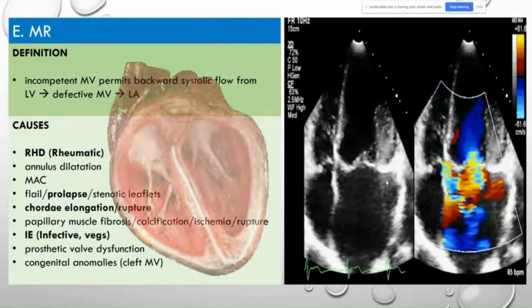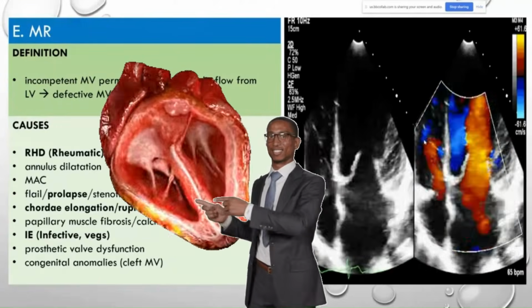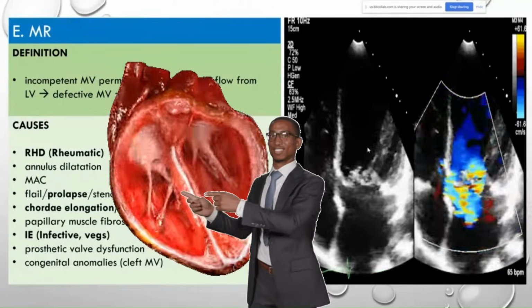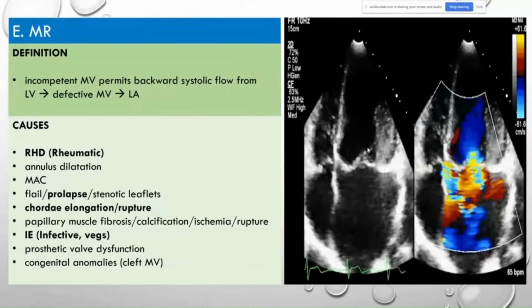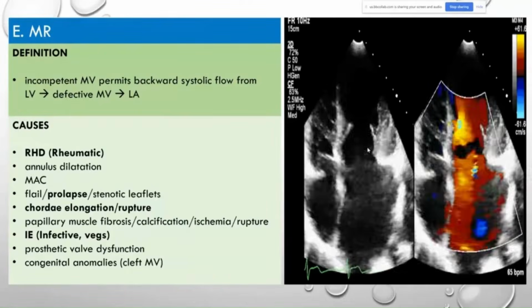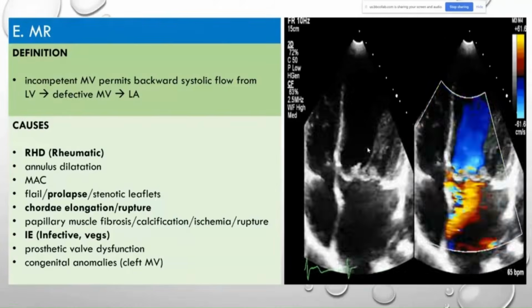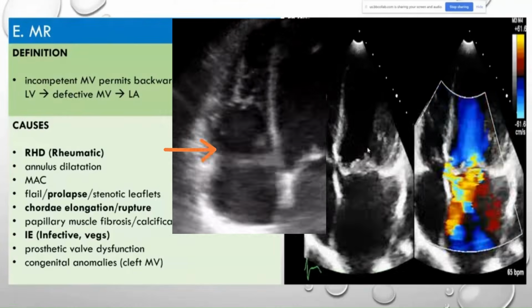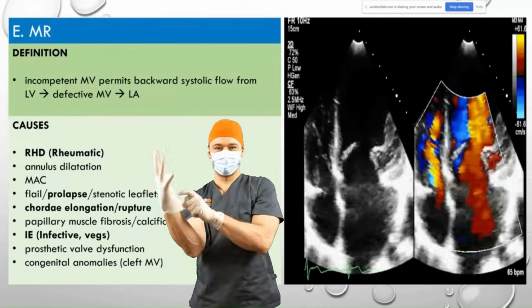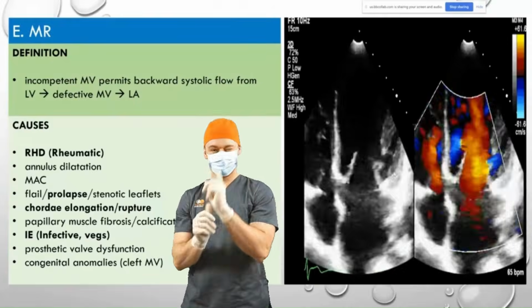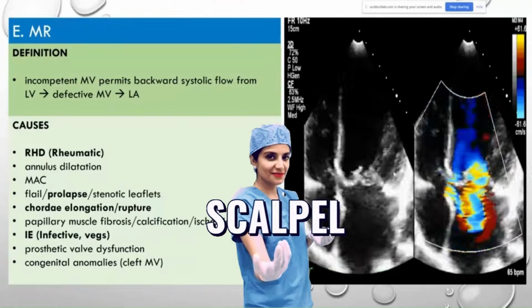If you have a chordae rupture or elongation, and the chordae are the chords that are attached to the valves that help them open. If you have papillary muscle fibrosis, calcification, ischemia or a rupture, if you have infective endocarditis, any type of vegetations, or if you've had a valve replacement but that valve is malfunctioning, you'd have that situation.